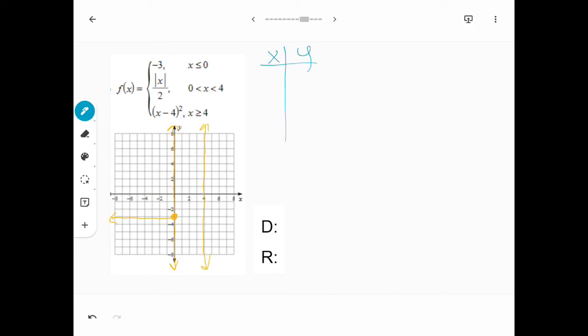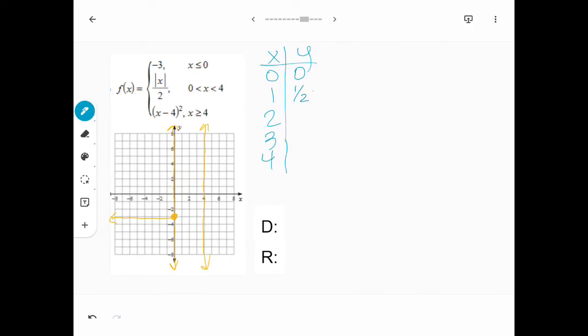from 0 to 4, so in this middle section, I'm going to plug in 0, 1, 2, 3, 4, and we're going to plug it in to this. The first one is telling me the absolute value of 0, which is 0, divided by 2. 0 divided by 2 is just 0. On this second one, absolute value of 1 is just 1 divided by 2.